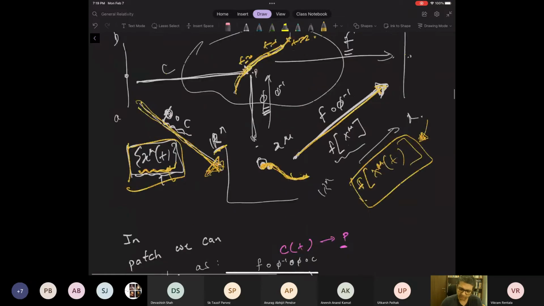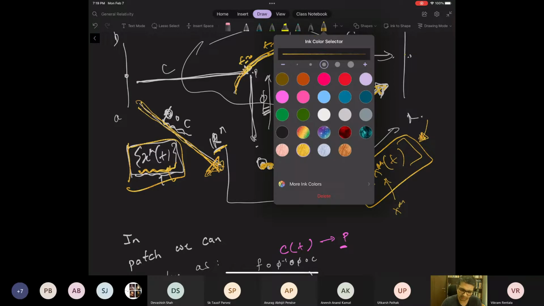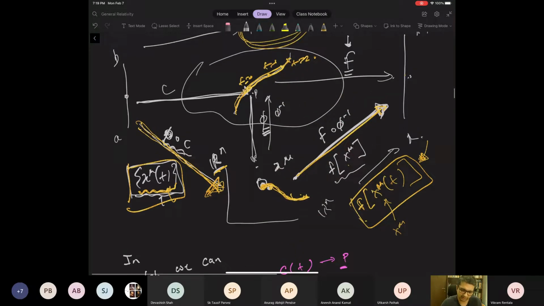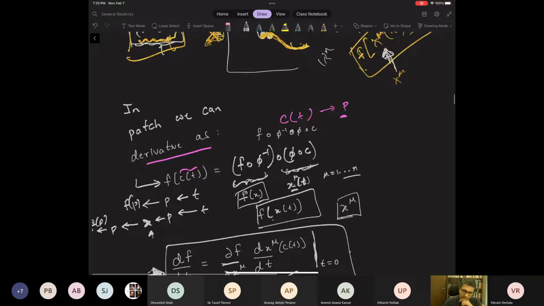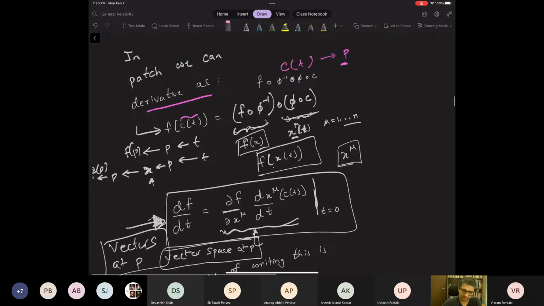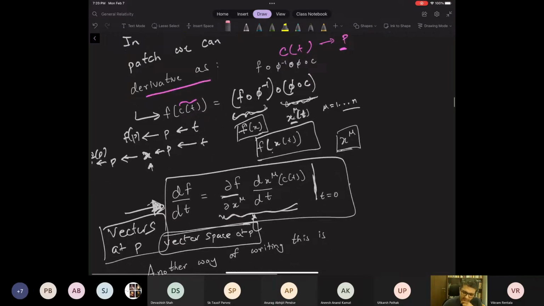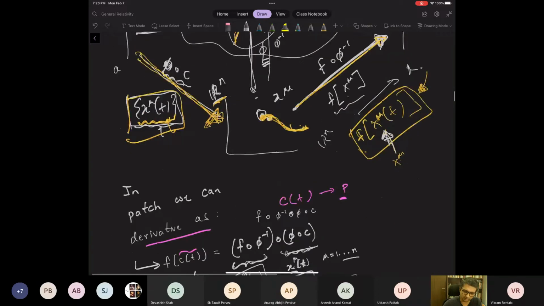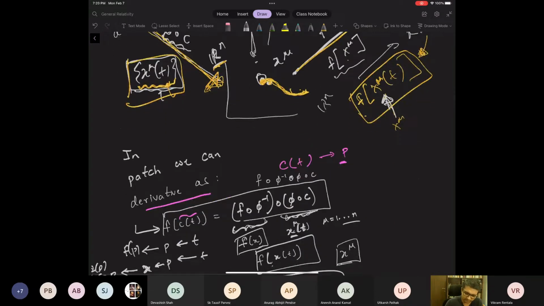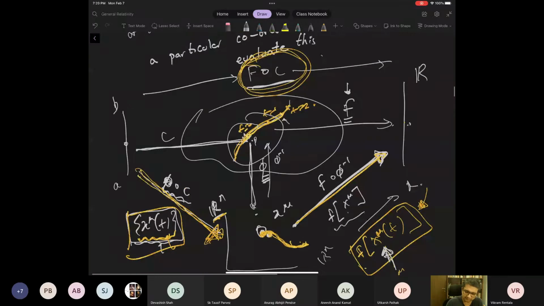As long as we're sticking with one patch, where the coordinates x mu are valid, that is, as long as I'm not exiting the patch, I can continue to use this kind of notation. If I cross this patch, then I have to switch to a different coordinate system. So in this patch, we can write f of c of t.